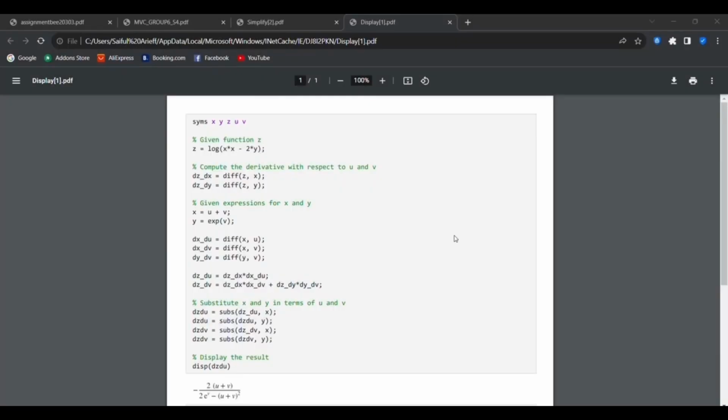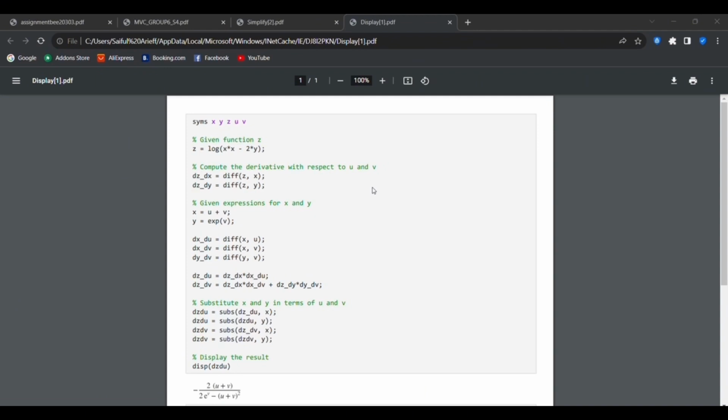Next, for the coding script, we are using the MATLAB application to determine the answer for problem number 6. First, we declare the function that we use in the problem. The given function is z equal to ln of x squared minus 2y, and then we find the derivatives dz/dx and dz/dy with respect to u and v.